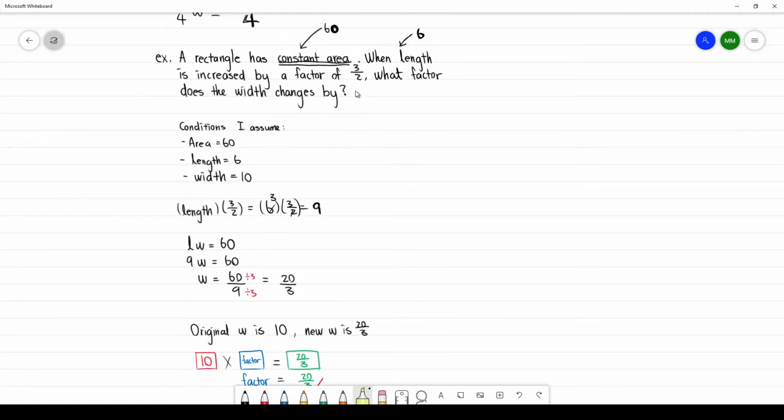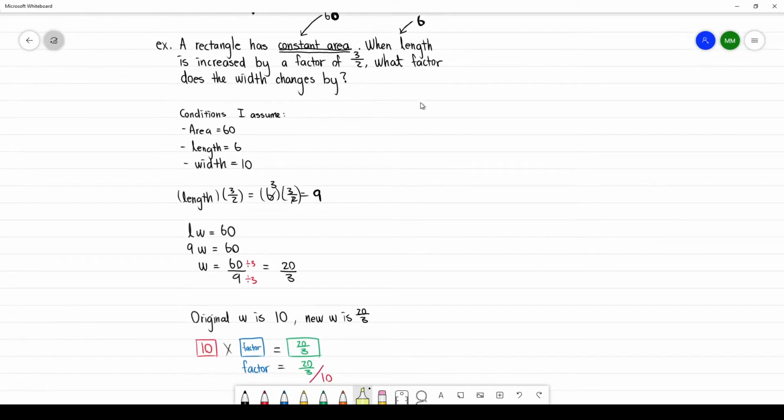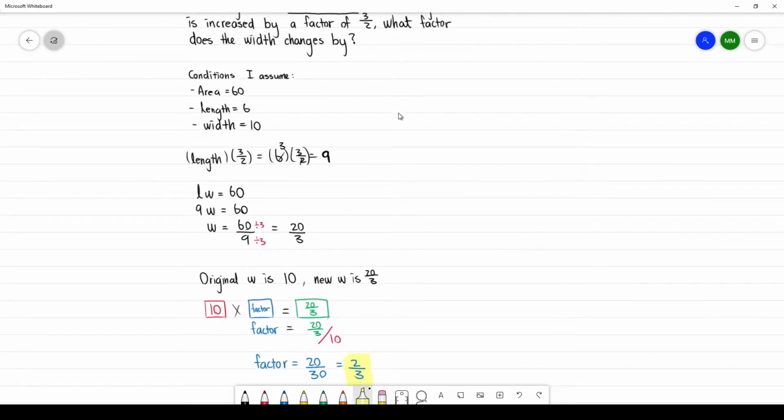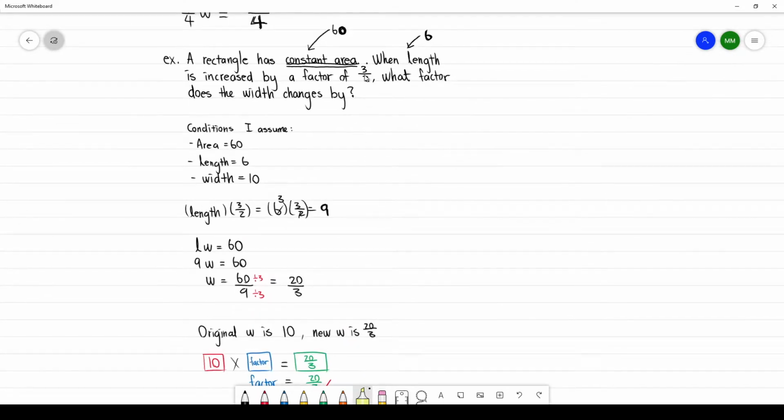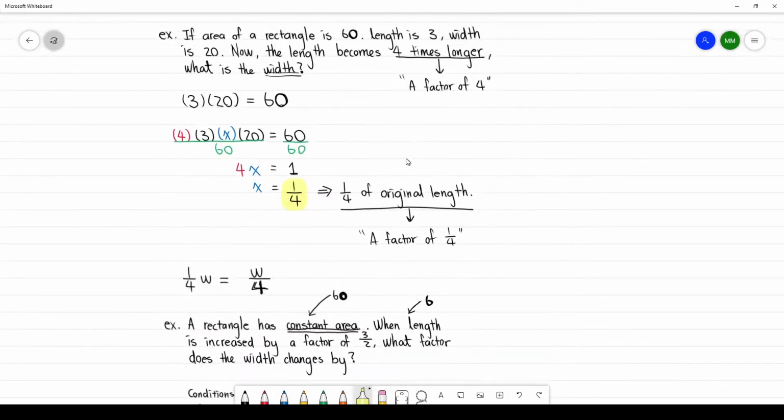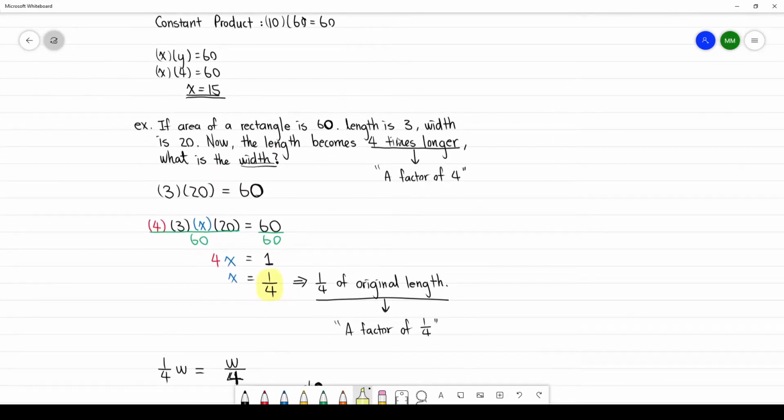If one quantity is increased by 3 over 2, then what you should realize is that the other quantity is exactly flipped over, the top and the bottom. 3 over 2, 2 over 3. And then this one, the length becomes 4 times longer.